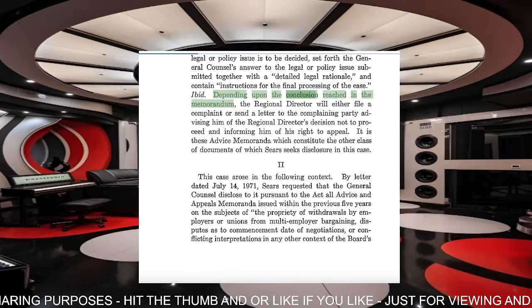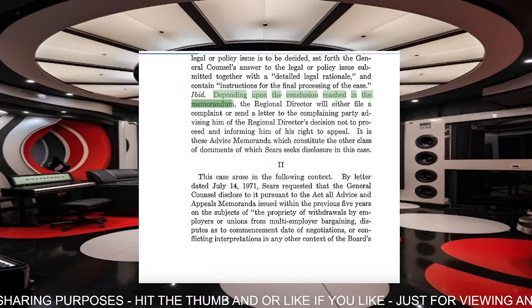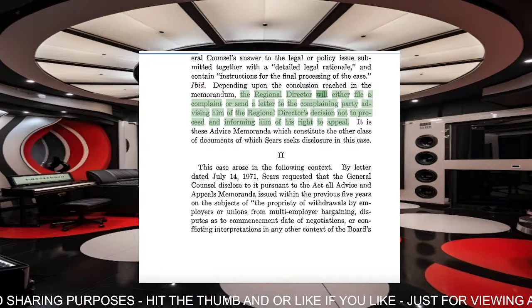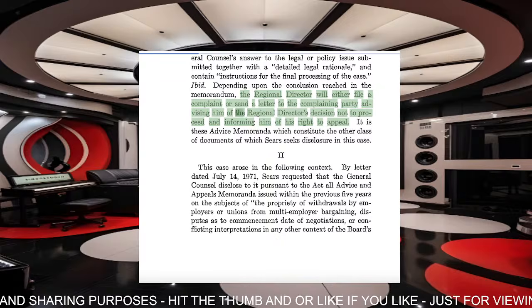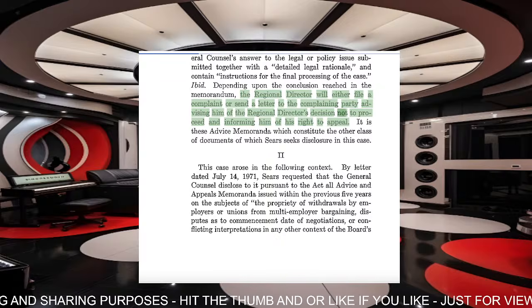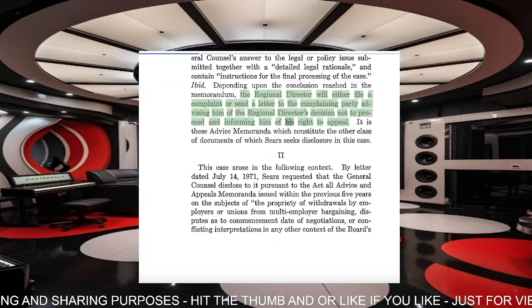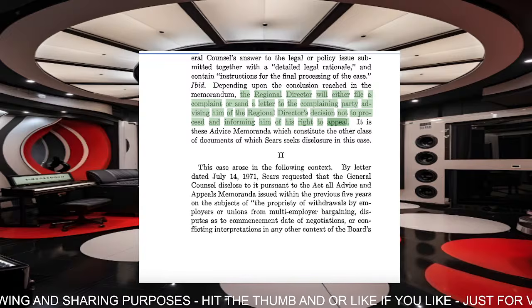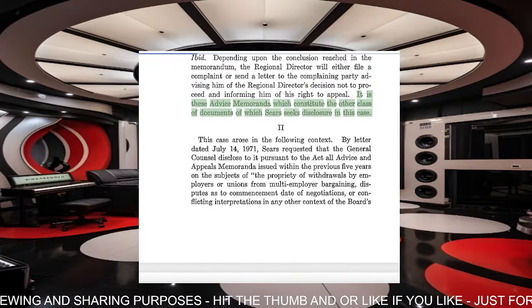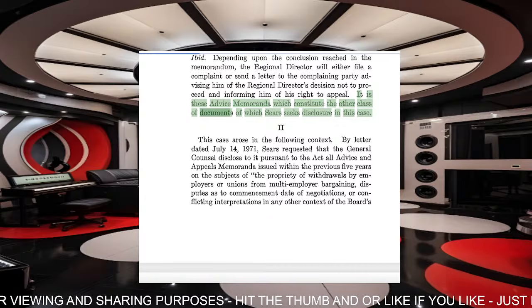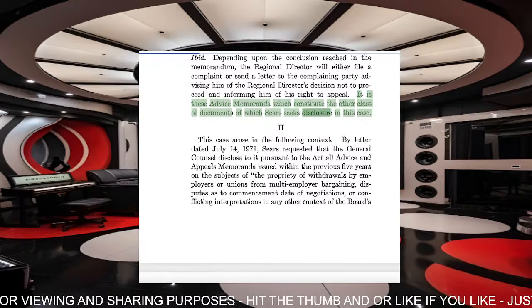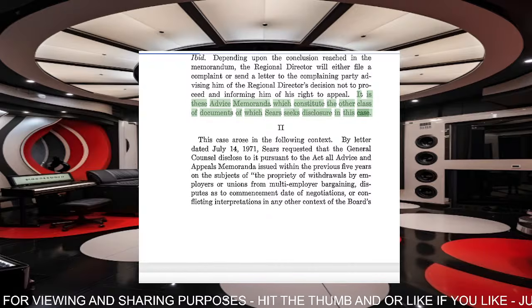Depending upon the conclusion reached in the memorandum, the Regional Director will either file a complaint or send a letter to the complaining party advising him of the Regional Director's decision not to proceed and informing him of his right to appeal. It is these advice memoranda which constitute the other class of documents of which Sears seeks disclosure in this case.